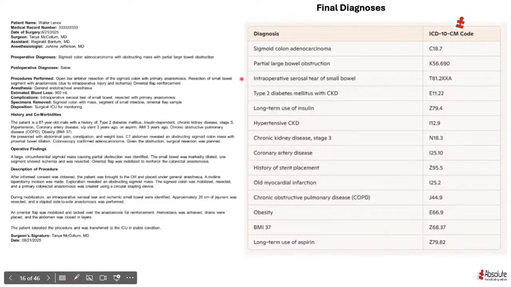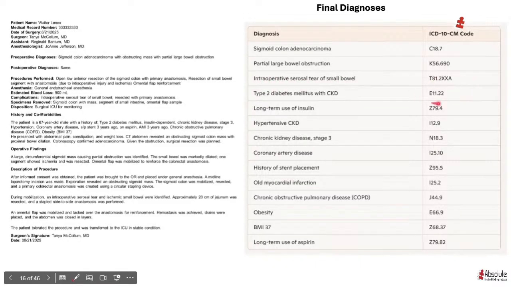And I'm going to tell you specifically where they got it wrong. The partial large bowel obstruction, they did not code this correctly. They used a more generic code. This one was better because it specifically said partial. Then one of the chats that I used didn't even code this intraoperative tear.